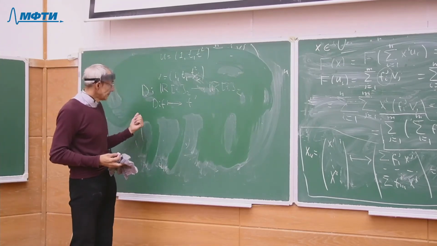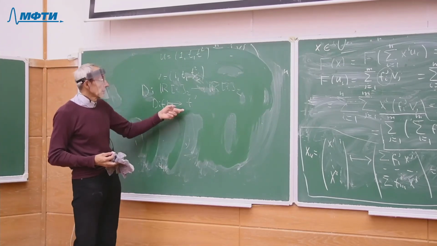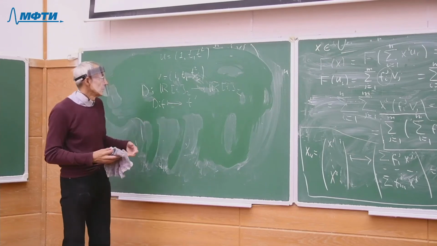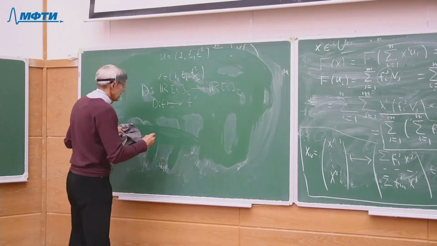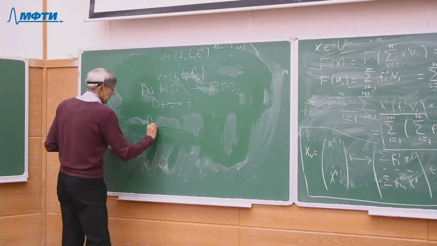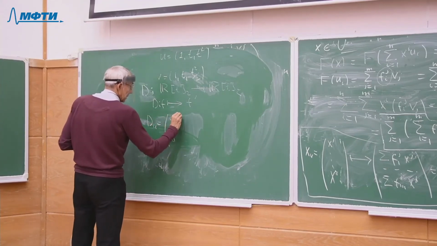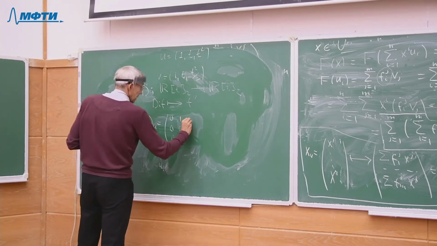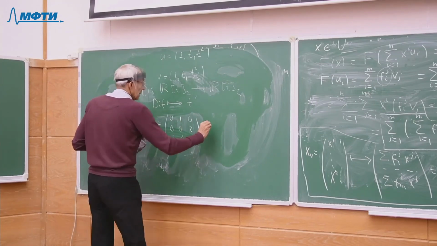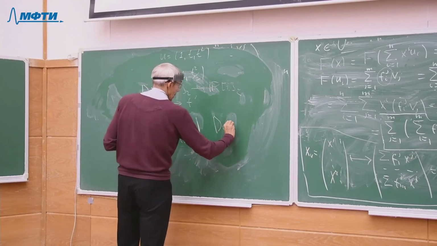D maps the polynomial to the derivative of this polynomial. And we obtain the matrix of this operator in the basis U, the following, and in the basis V, this matrix.